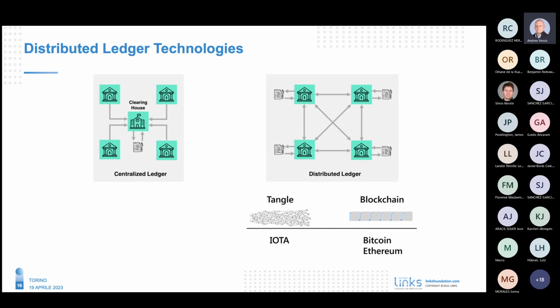If you look at the data structure used to implement such a kind of ledger, there are essentially two main classes, typically referred to as blockchain, in which the data structures are blocks connected in a chain, or tangles, in which the data structure that maintains this ledger is essentially a tangle. So there is no chain and no blocks. And the main solutions today that fall within these two categories are for sure the IOTA tangle, or Bitcoin, Ethereum, or any other blockchain that you all know.